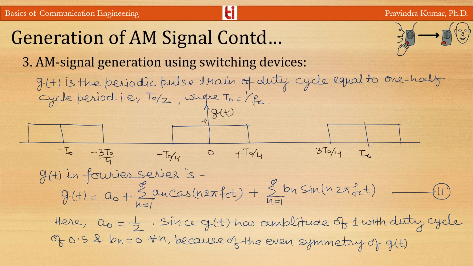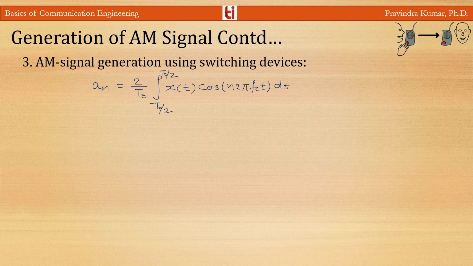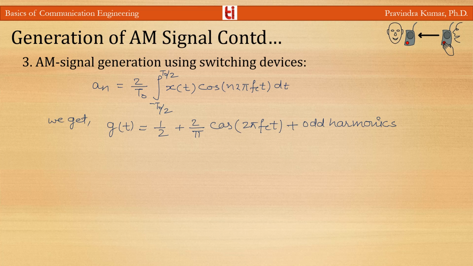After calculating the value of a_n with the Fourier series expression, a_n will be 2/T0 integration from minus T/2 to T/2 of x(t) cos(n 2 pi fc t) dt. And here g(t) will be 1/2 + 2/pi cos(2 pi fc t) plus odd harmonics, the terms 3 omega c, 5 omega c, and so on.